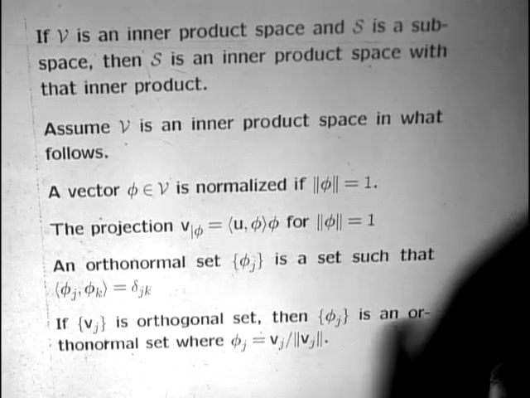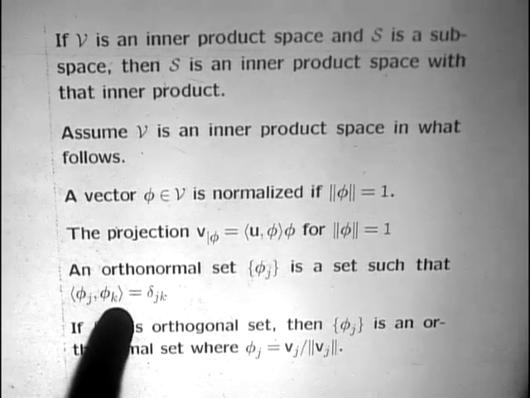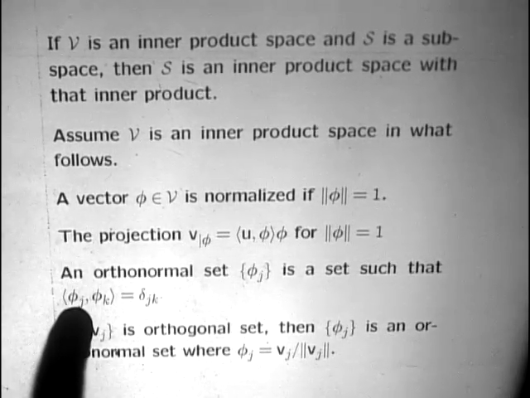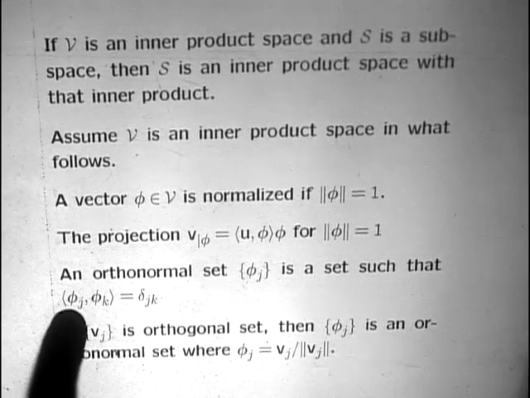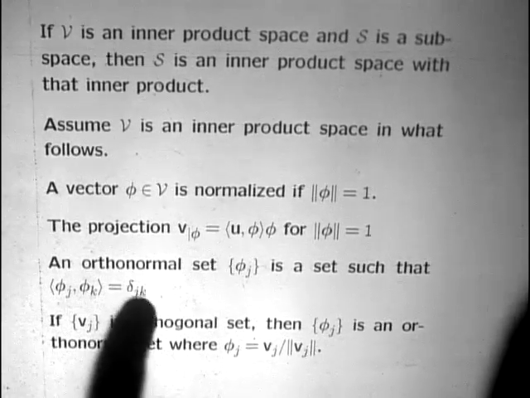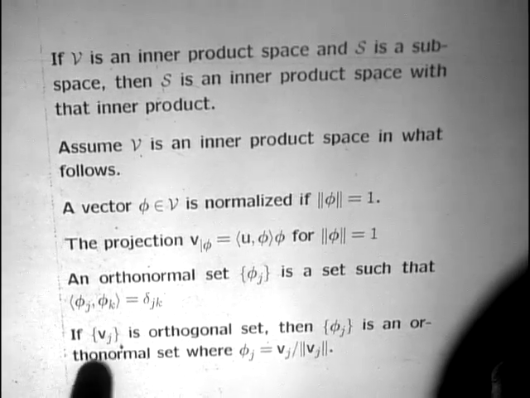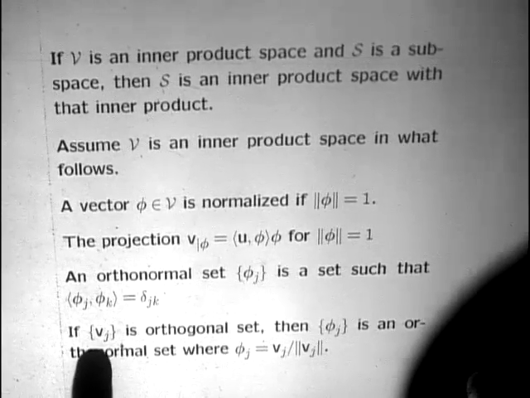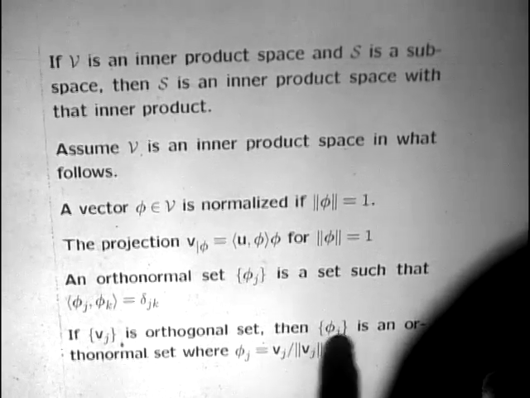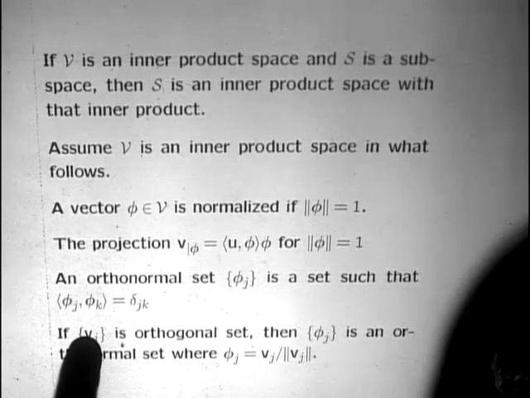So an orthonormal set of vectors is a set such that each pair of vectors is orthogonal to each other, and where each vector is normalized. In other words, it has norm squared equal to 1. So the inner product of these vectors is just delta sub jk. If I have an orthogonal set, v sub j, say, then phi sub j is an orthonormal set just by taking each of these vectors and normalizing them.